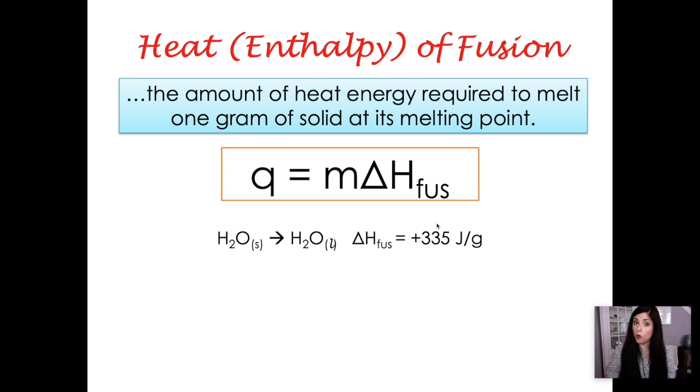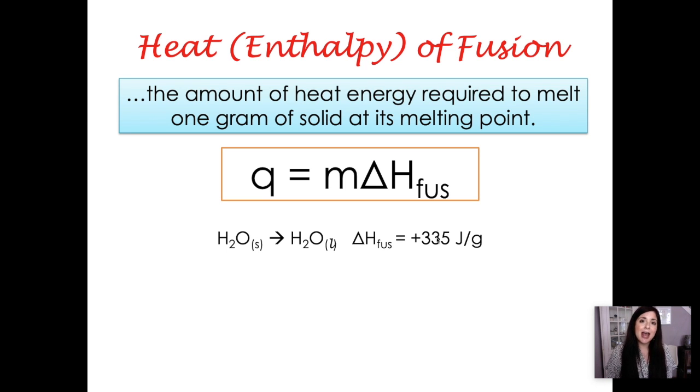To melt 1 gram of water at its melting point, 0 degrees, going from solid water to liquid water, you have to apply 334 joules of energy per every 1 gram. So you have to apply or add 335 joules of energy per gram.